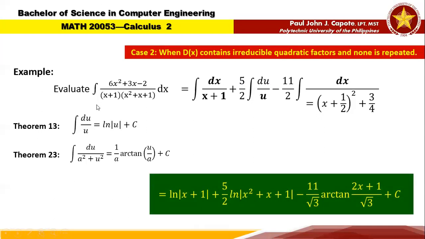So the integral of 6x squared plus 3x minus 2 all over the product of x plus 1 and x squared plus x plus 1 is equal to our answer. We have the natural logarithm of the absolute value of x plus 1, plus 5/2 times the natural logarithm of the absolute value of x squared plus x plus 1, minus 11 over the square root of 3 times arctan of (2x plus 1) all over the square root of 3, plus c.